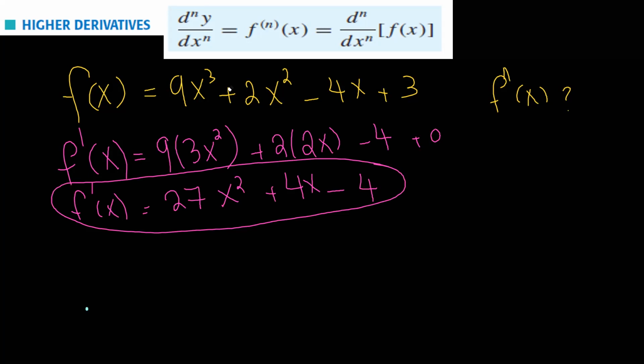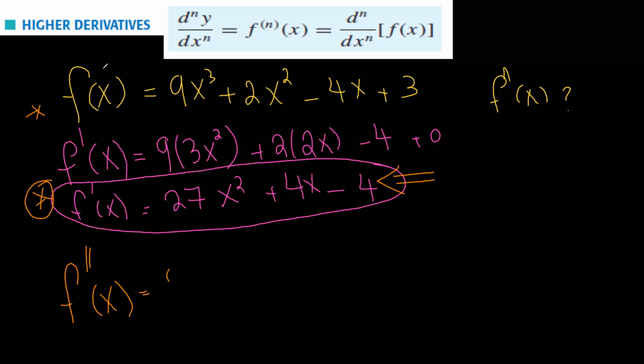But he asked me now to find f double prime. What is f double prime? Now, I will not use my old function. I will use my new function. So I want now to find the derivation of this function, f prime of x.